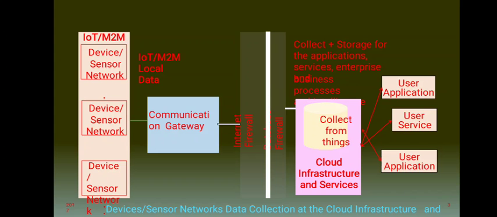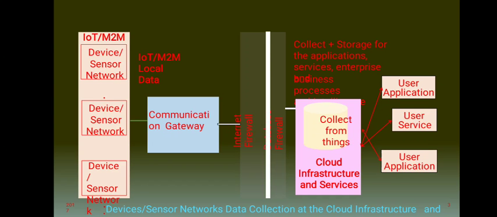Here, this is a diagram of IoT cloud-based services, how the data is collected, how it is stored and how it provides services. The devices or the sensor networks which are IoT based or M2M based simply collect the data, and through the communication gateway, all the collected data from the sensors is sent to the communication gateway.